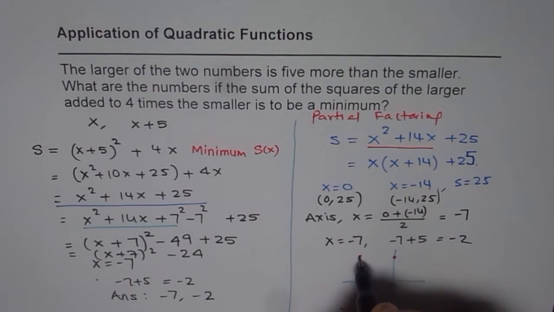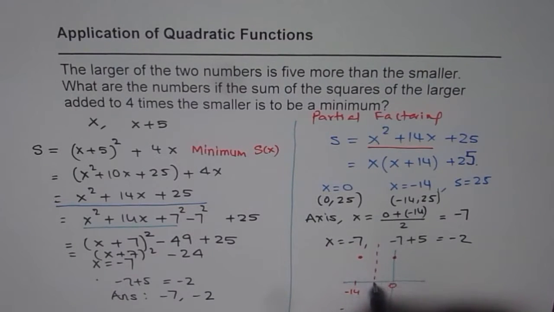So let us say this is minus 14. The axis of symmetry is right there in between. If we really graph it, we didn't calculate the y value yet, but if we calculate, we'll get this value. It is not to scale since I want to fit it in there.